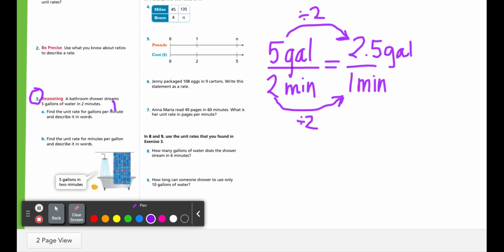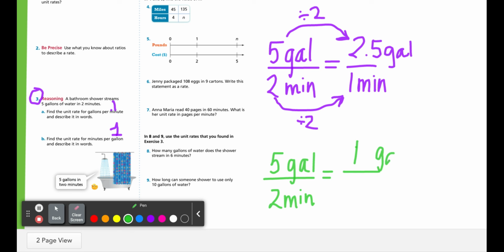Now it says find the unit rate for minutes per gallon. So that means minutes per 1 gallon. So we're going to use the same ratio here. 5 gallons in 2 minutes. But now we're going to figure out how many minutes in 1 gallon. So how long does it take for 1 gallon of water to stream?